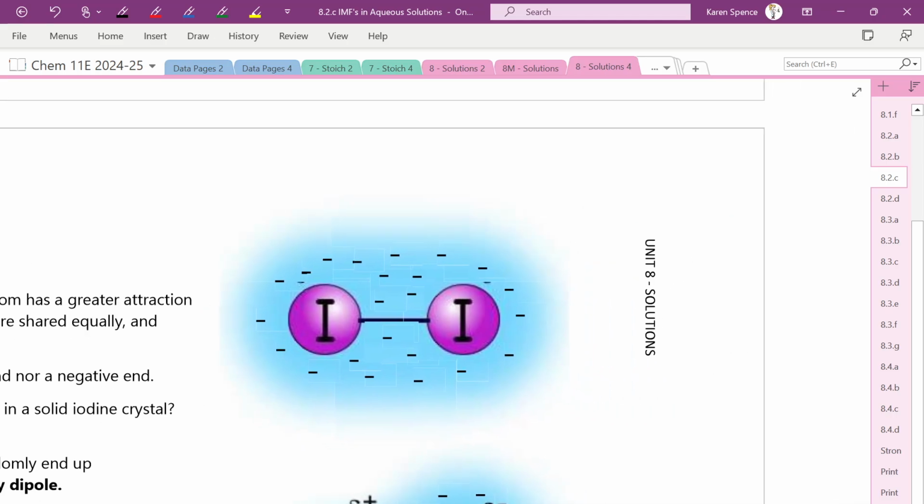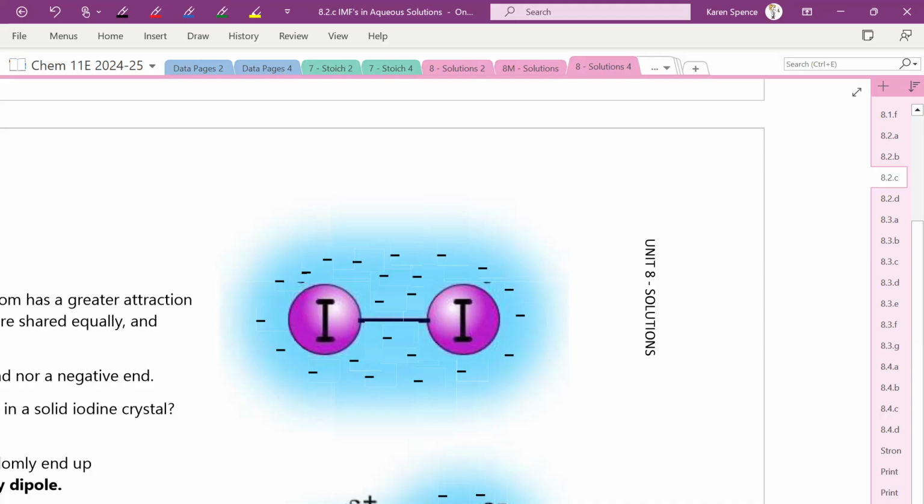Here we have an iodine molecule, I2. Iodine is atomic number 53. So each atom has 53 protons and it has 53 electrons. Yes? That means in total, iodine has 106 electrons.